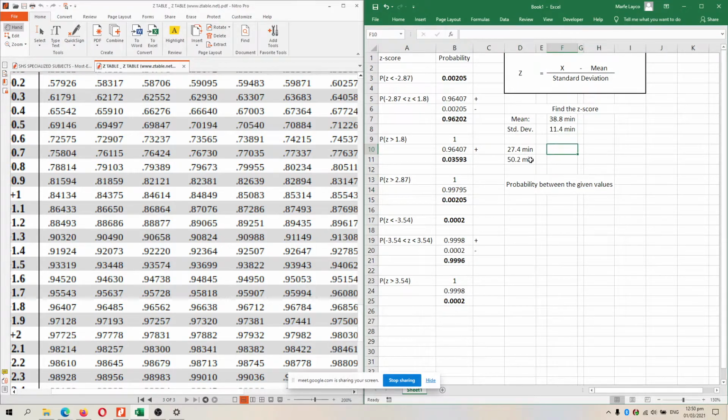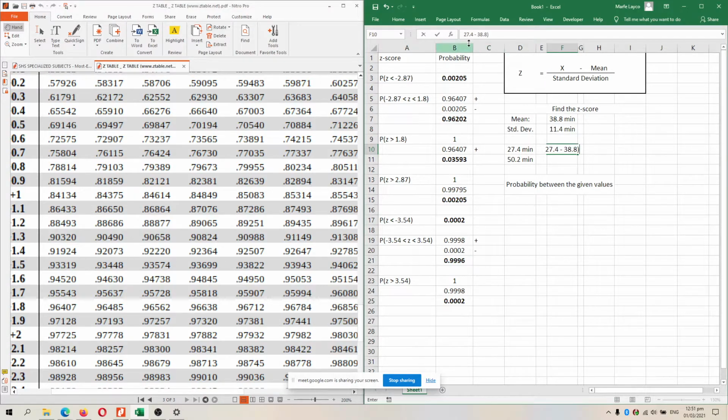So, kunin natin yung z-score muna ng 27.4. Ano ang z-score niya? Gamitin natin yung formula natin. Ano yung x? Yung 27.4 kasi given. Tapos, isusubtract natin sa mean. Ano yung mean natin? 38.8.